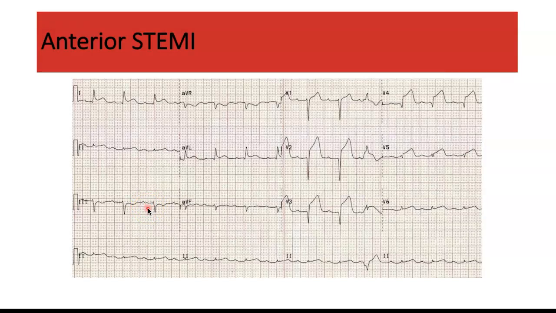The rhythm looks regular. The axis, so lead 1 is upgoing, AVF is downgoing. So this is left axis. There's some low voltage over here in the lateral leads. And there's also some low voltage here in the limb leads on the left side here, the tracing.